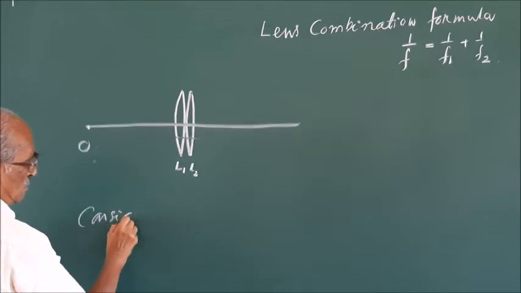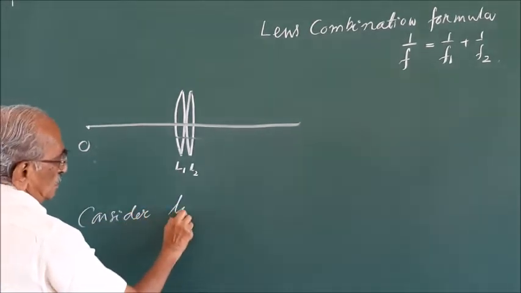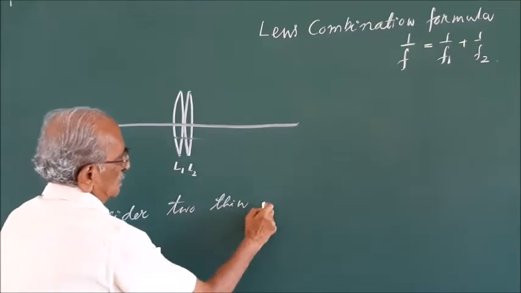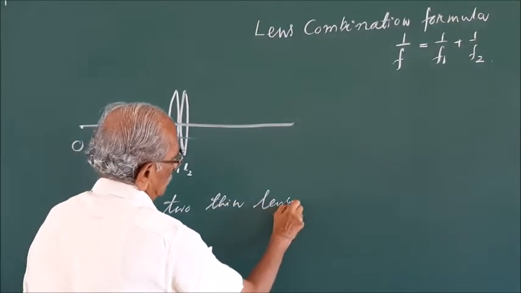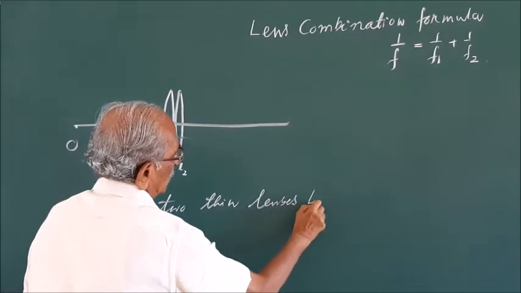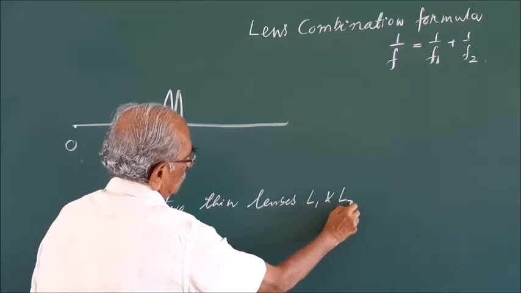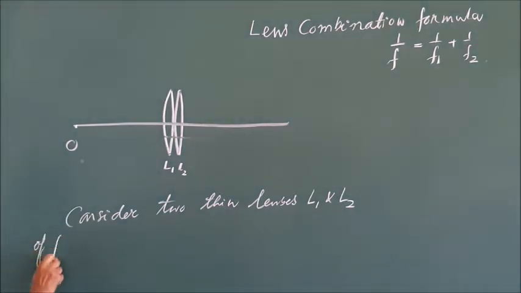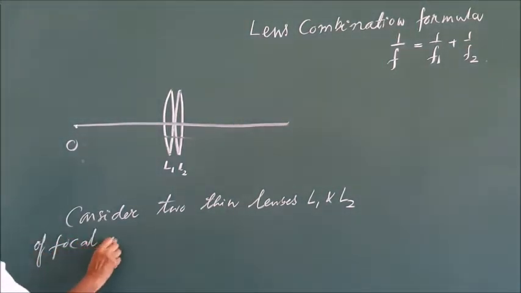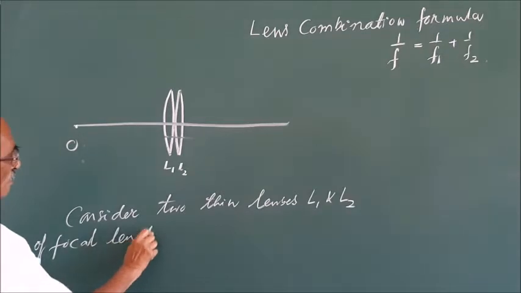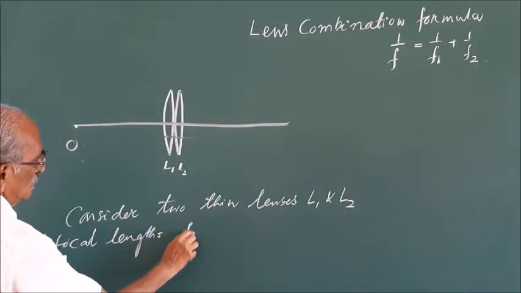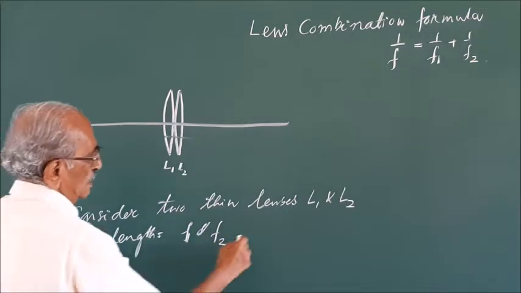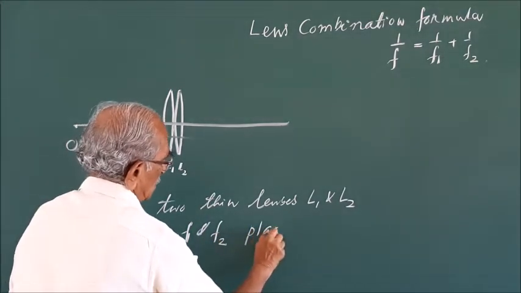Consider two thin lenses L1 and L2 of focal lengths f1 and f2 respectively, placed coaxially.